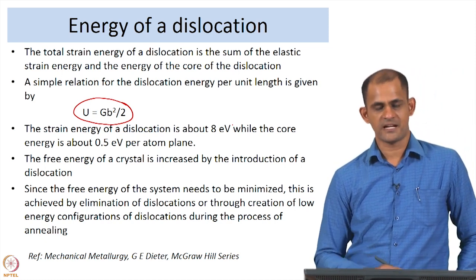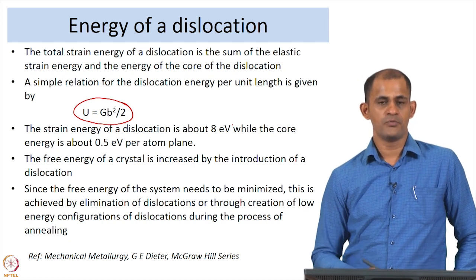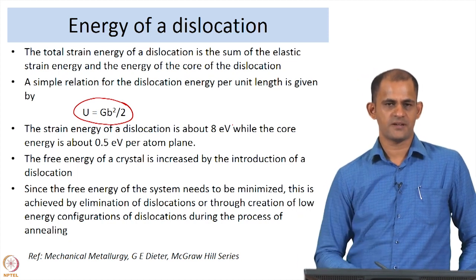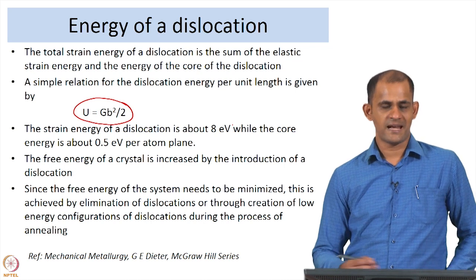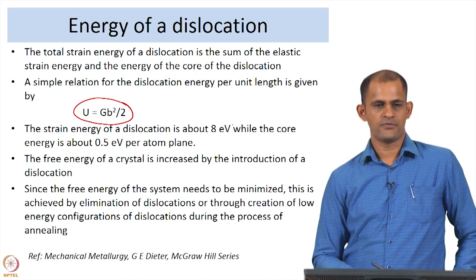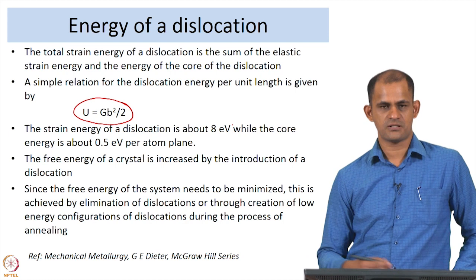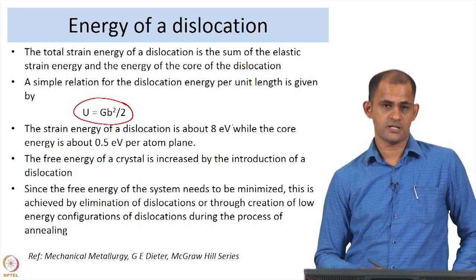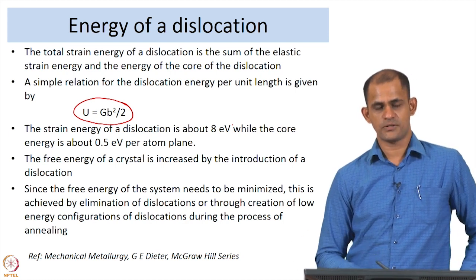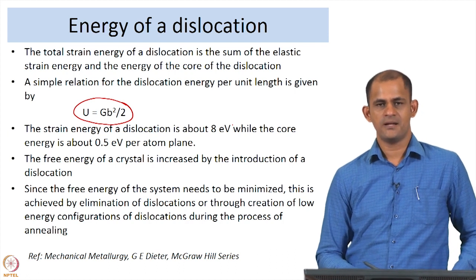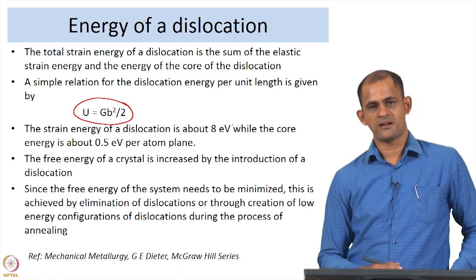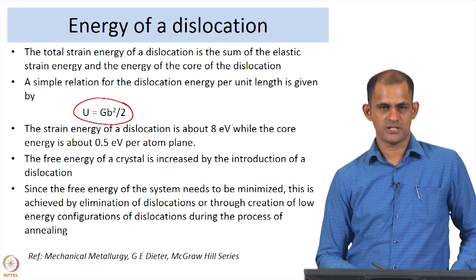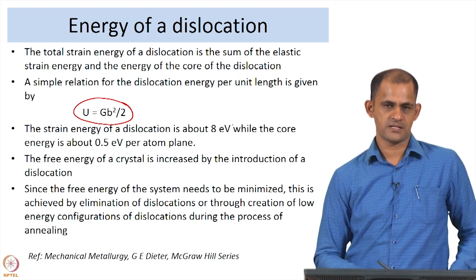The dislocations can get eliminated by moving from the interior of the crystal to the surface or by annihilating each other. If you have a positive edge dislocation and an edge dislocation of the other type, they may annihilate each other. That can lead to the removal or reduction of dislocations in the system.